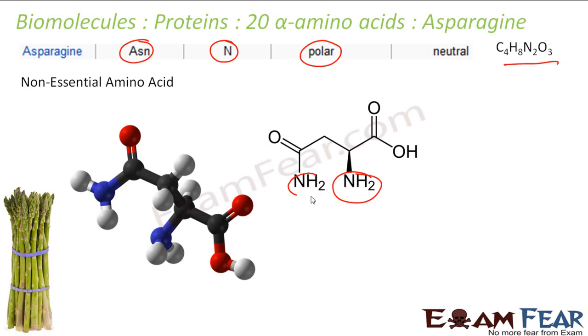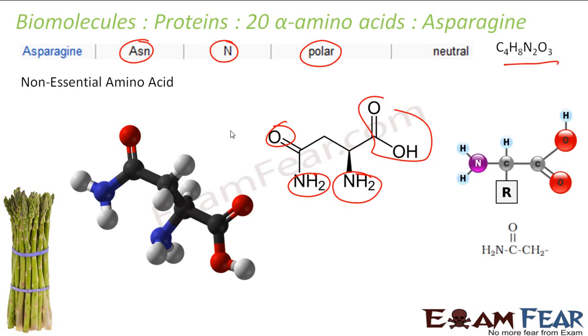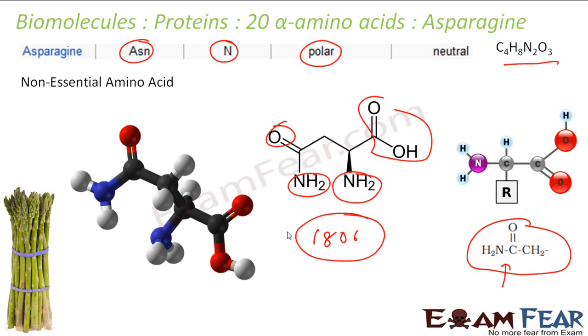Because if you see, there are 2 NH2 and 2 carboxyl groups. Correct? And if you compare with the general structure of amino acid, this R is nothing but NH2COCH2.